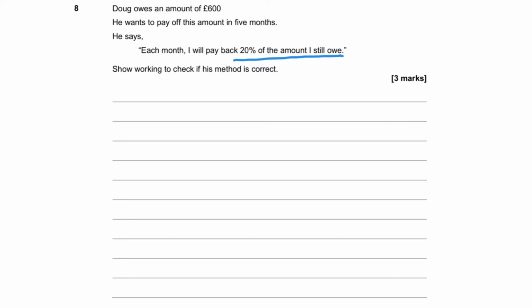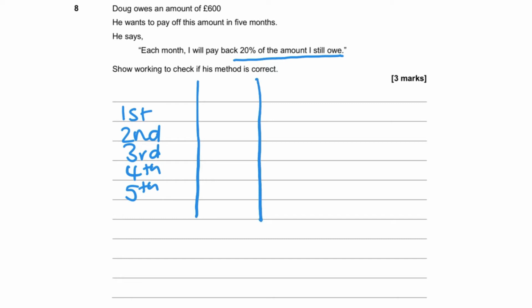So to work out this question, I'm going to draw us a little table. So we've got the first month, second month, third month, fourth month, fifth month. Then the next column is going to be the 20% that he's paid back, and then this last column is going to be the money that he still owes. So for the first month, he'll pay off 20% of what he still owes, so he owes £600.